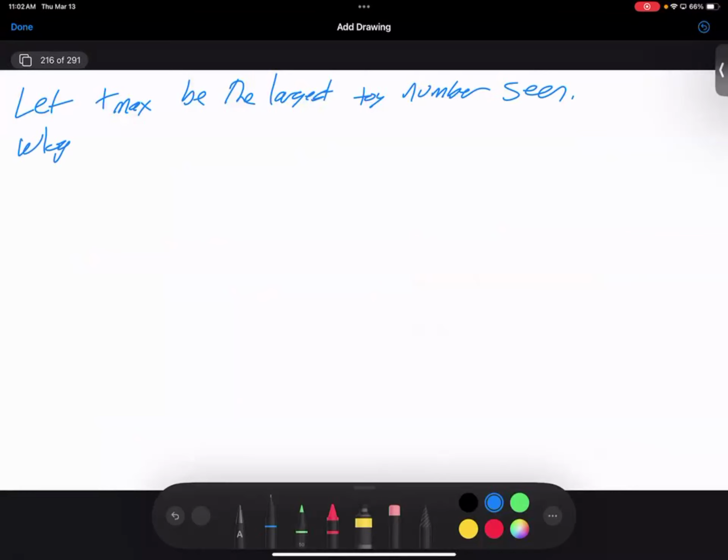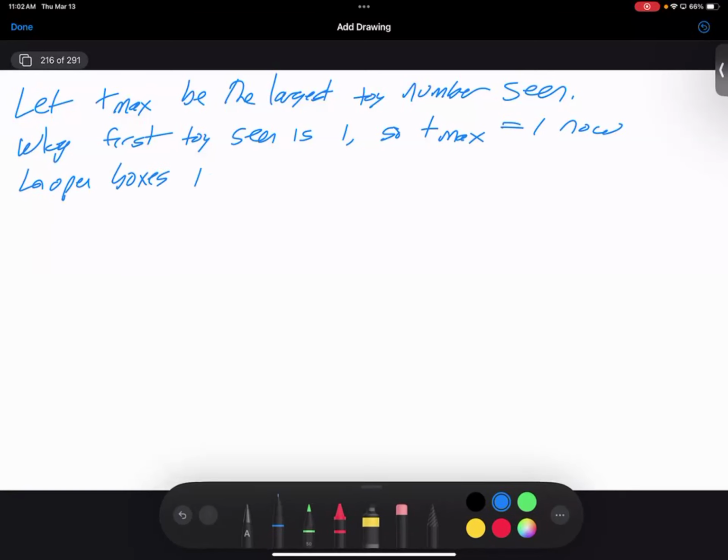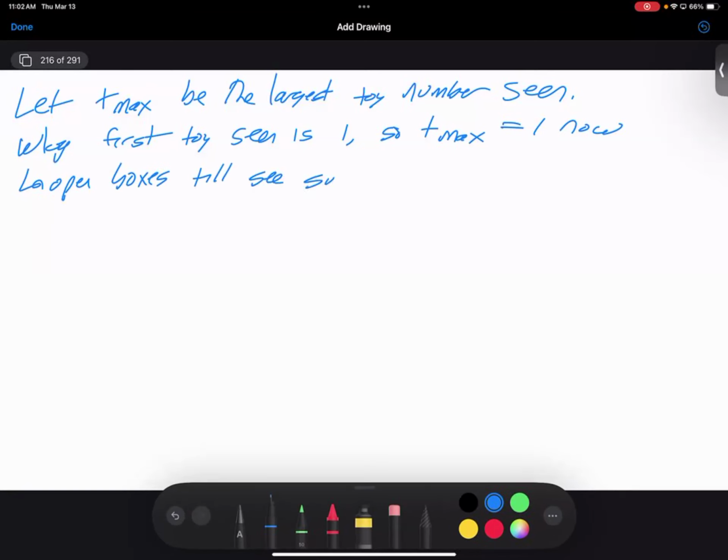Without loss of generality, the first toy seen is 1. So T max equals 1 now. Keep opening boxes until you see something greater than 1.